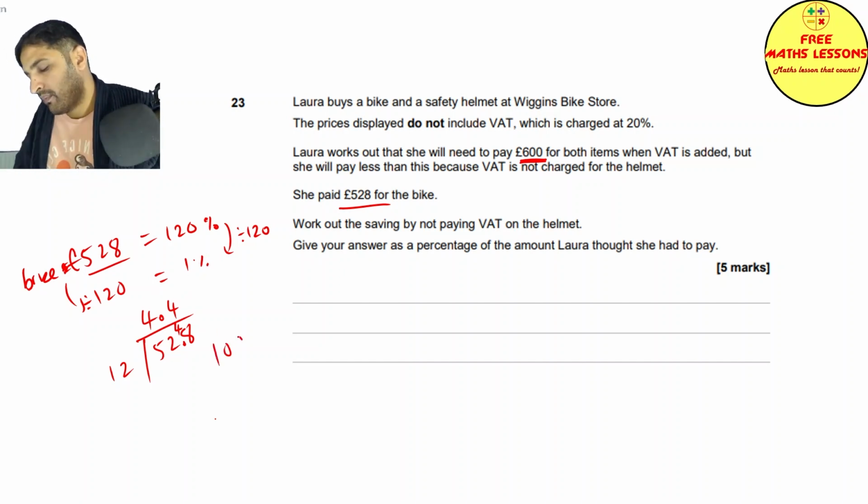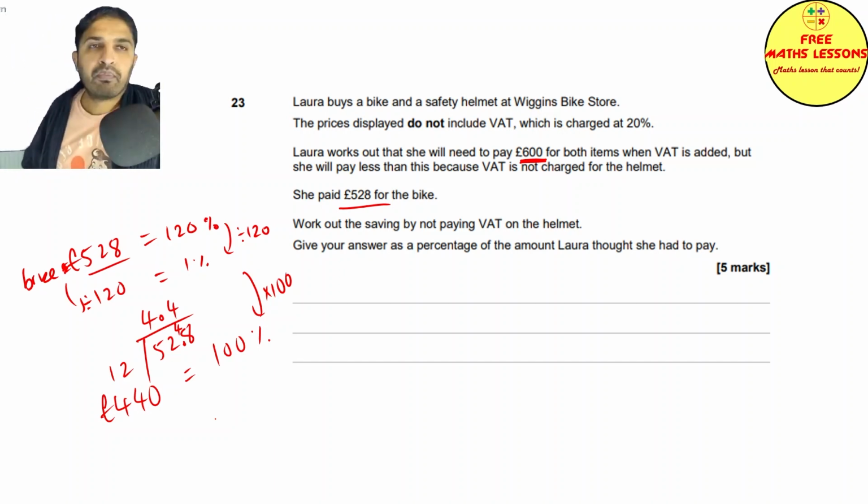So the 100% is then multiplied by 100. So multiply 4.4 by 100, we get 440 pounds.